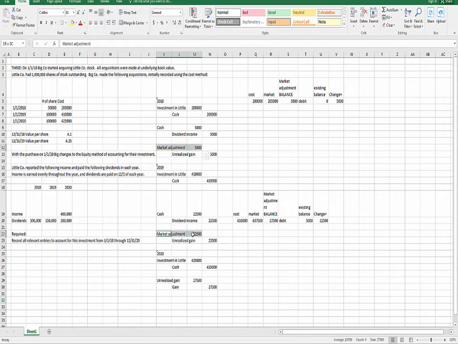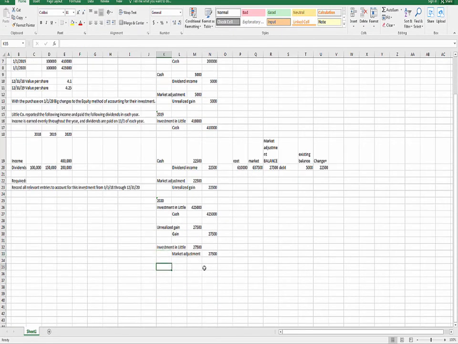This market adjustment has a balance of $27,500. We're going to go ahead and take that market adjustment and transfer that balance to the investment itself. So we credit market adjustment to get rid of that $27,500 balance, and that gets added to our investment in Little.